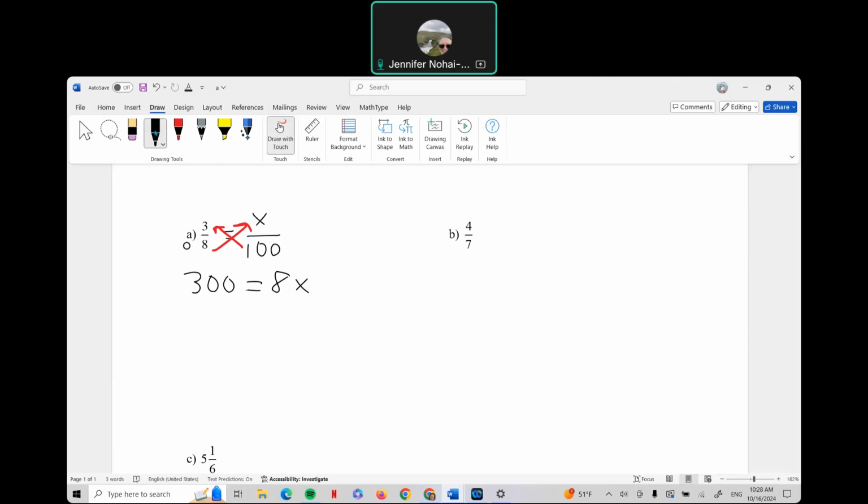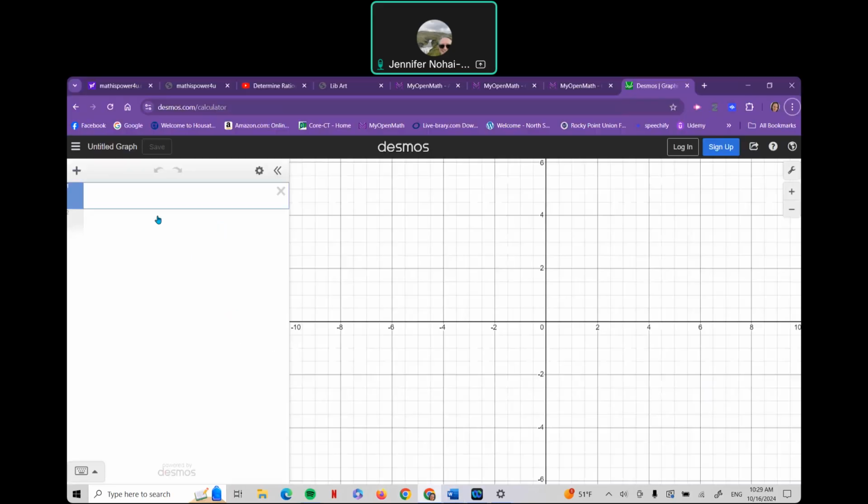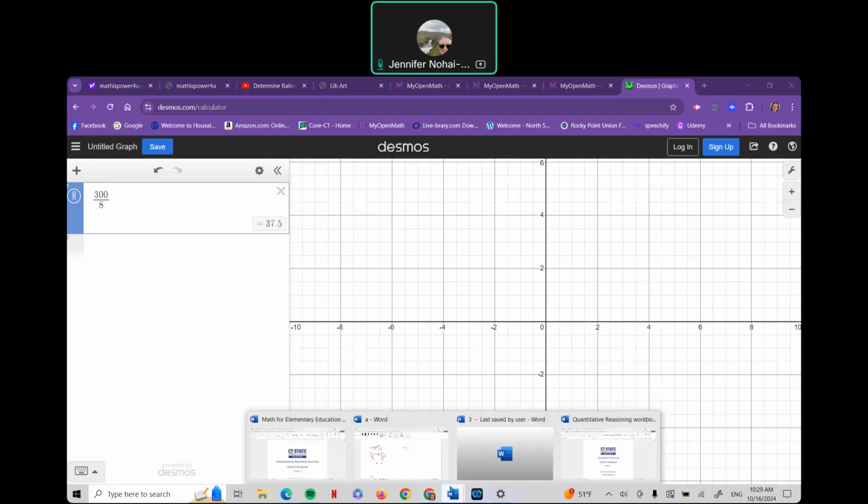From there, I'm going to solve by dividing both sides by the coefficient of x, which is 8. And with this type of solving, we will be using a calculator. So 300 divided by 8 on the calculator. I'm going to use Desmos, 300 divided by 8, and we get 37.5.